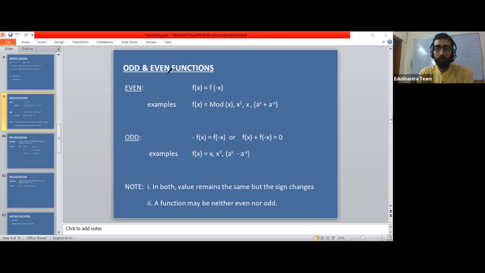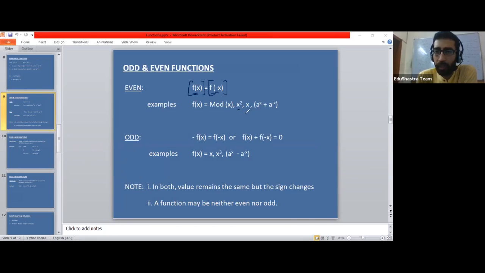Odd and even functions. What are odd and even functions? Very simple definition again. Whenever f(x) is equal to f of minus x, which means the output of the function for a certain value and for the exact negative of that value remains the same.